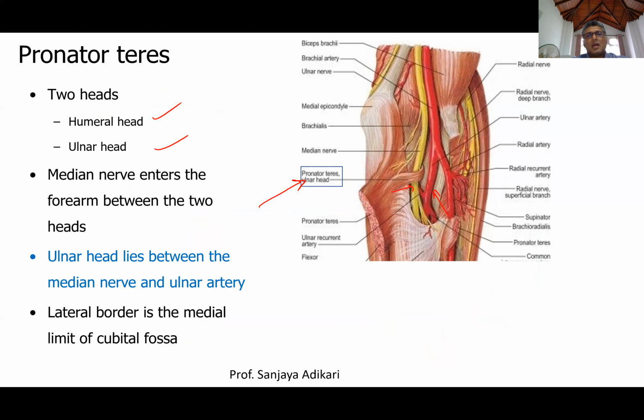The ulnar artery and radial artery are given off here. Immediately after the ulnar artery is given off, the ulnar head of pronator teres lies between the median nerve and the ulnar artery. So remember that point. Its lateral border forms the medial limit of the cubital fossa.